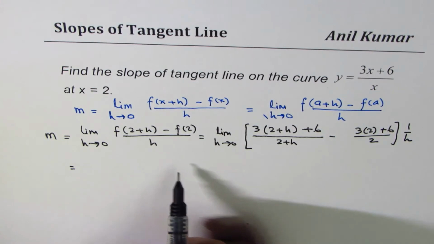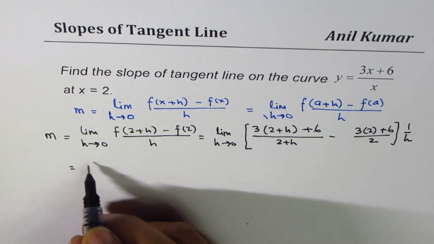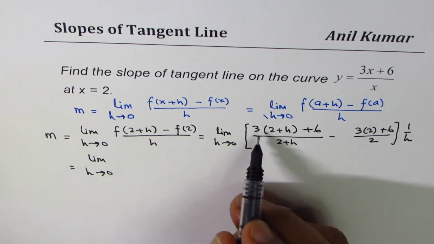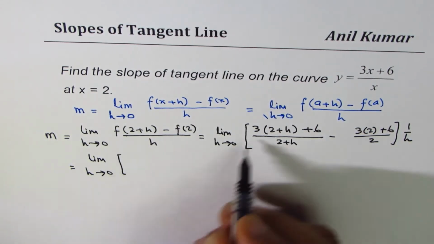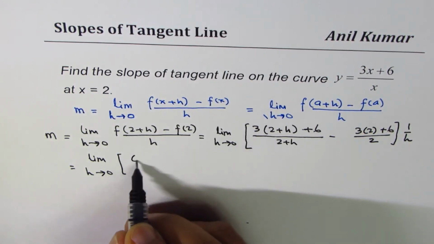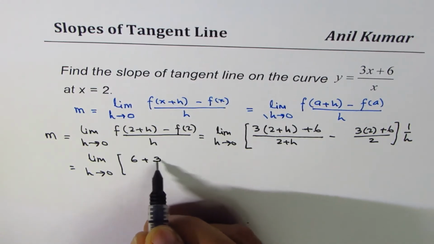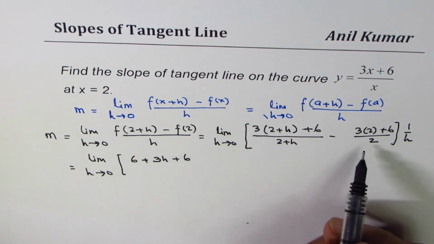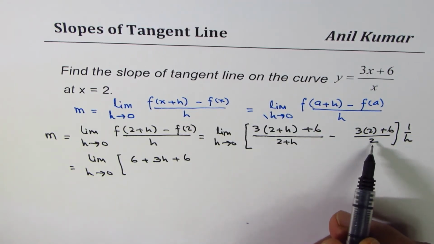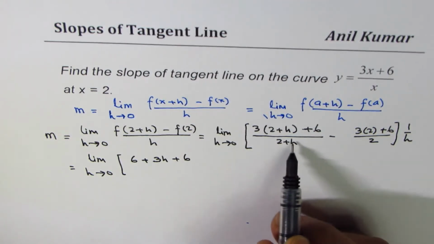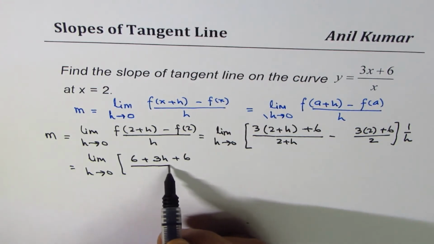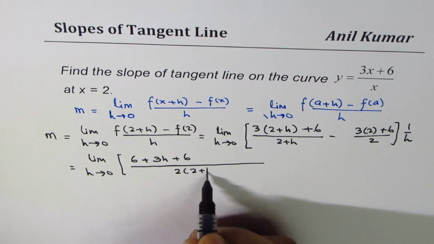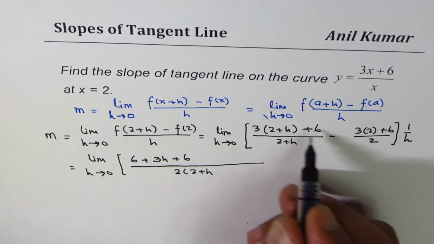So what we get here is limit h approaches 0. Let's expand this. We get 3 times 2 is 6, plus 3h, plus 6. If I take 2 times (2 + h) as the common denominator, I'll multiply all this by 2, correct?